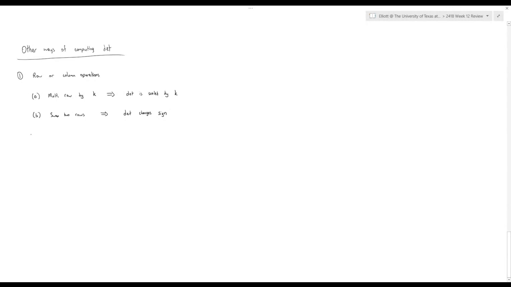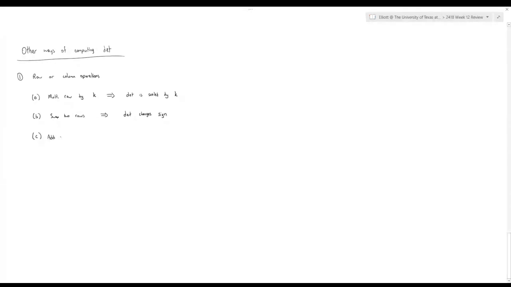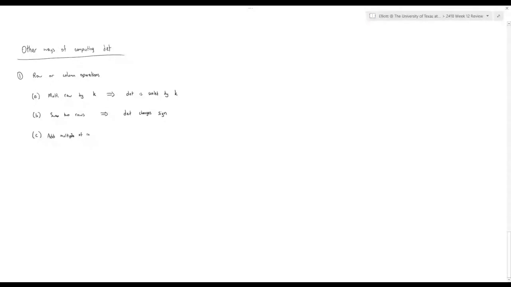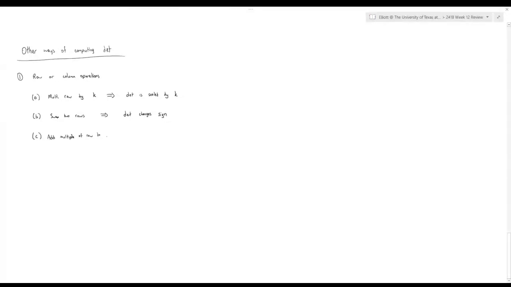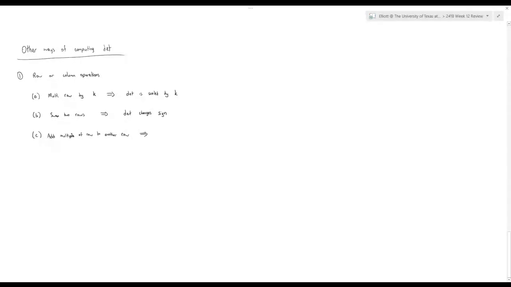The operation you tend to do the most, when doing elimination, is adding a multiple of a row to another row. This last type of row operation does not change the determinant at all.